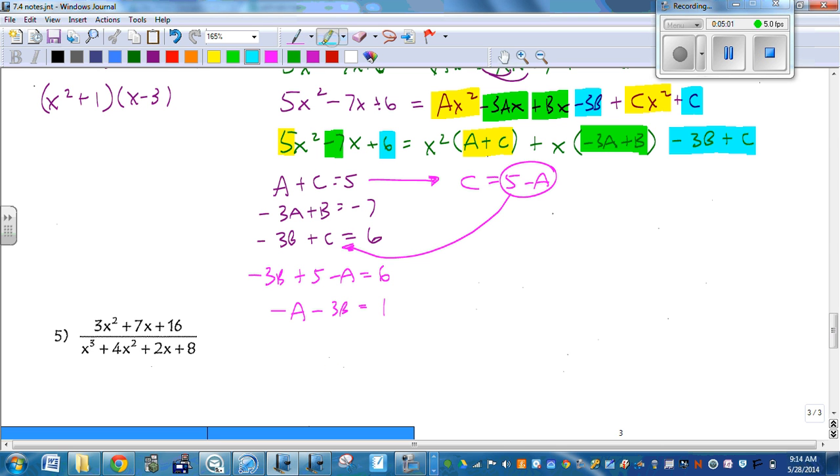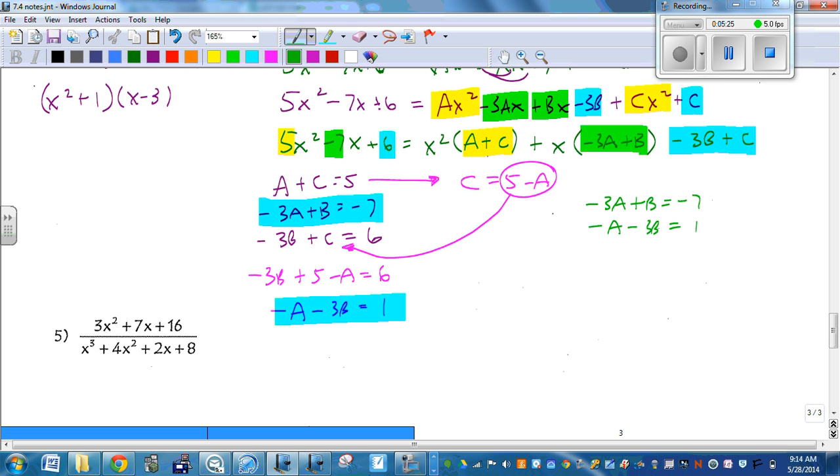But now we've got this equation and this one right here. They both have a's and b's in them. So we can use those together to solve for one of those variables. So we have negative 3a plus b equals negative 7, and then negative a minus 3b equals 1.